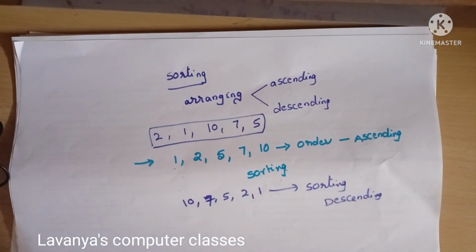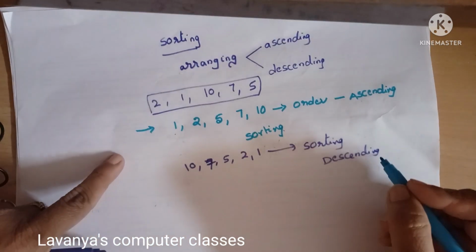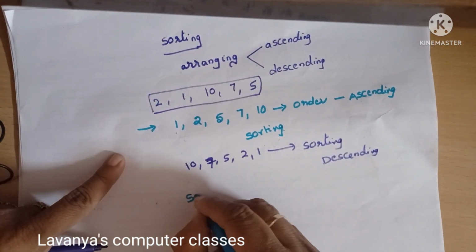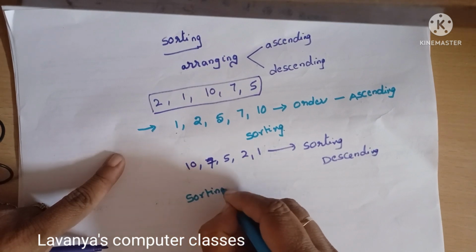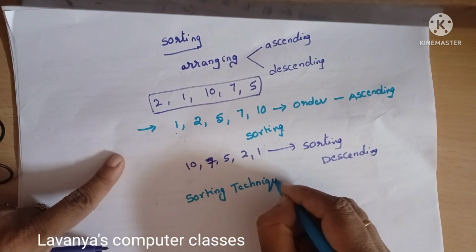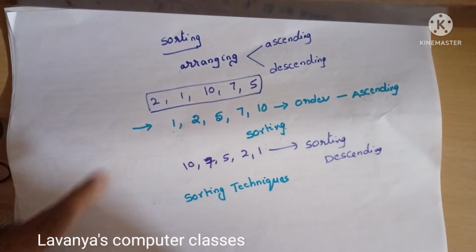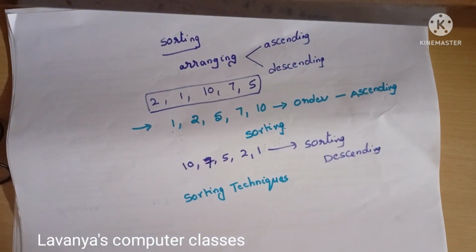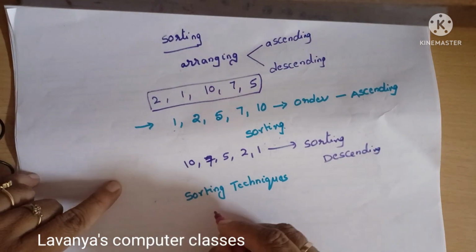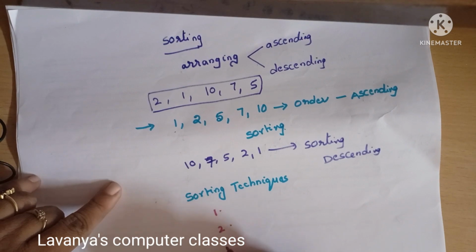So in C language, in a computer programming language, how can we arrange these elements? For that we need some techniques, known as sorting techniques. Using the sorting techniques, we can arrange all the elements in a proper order. We have many techniques, but according to your syllabus, we have only 3 sorting techniques.